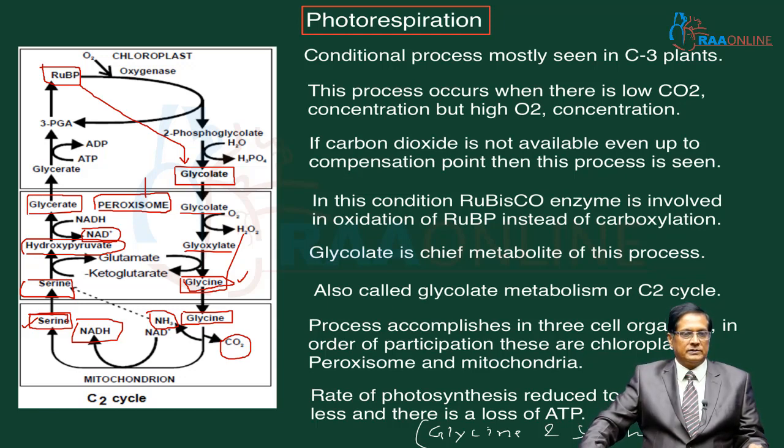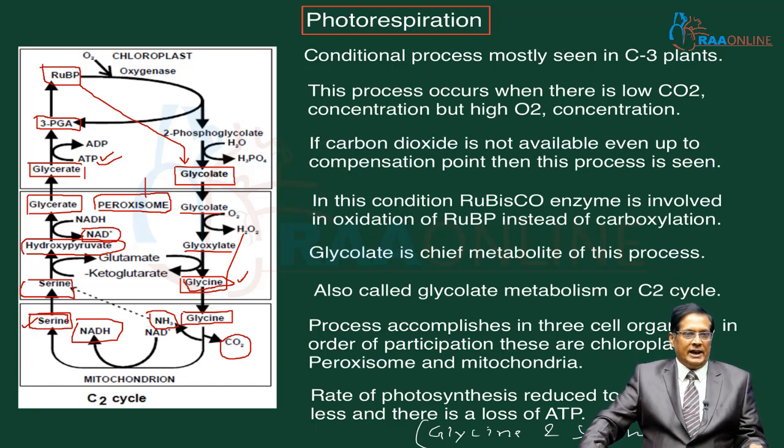Glycerate is produced. Glycerate is transferred to chloroplast, where it uses the ATP of light phase and is converted into 3-phosphoglyceric acid.